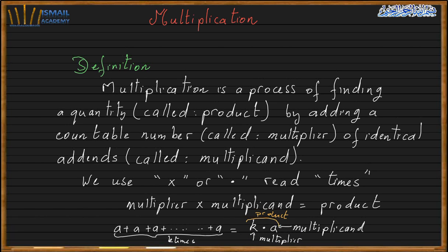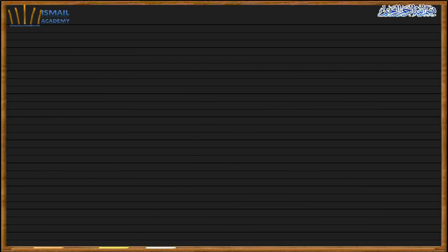Let me give you an example. Suppose I have 8 plus 8 plus 8 plus 8 plus 8. If I add these 8s, I have 16, 24, 32, 40.